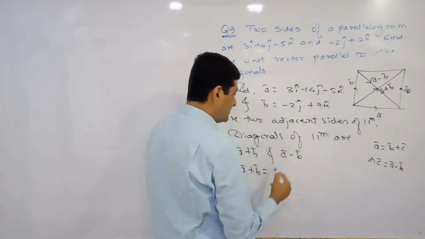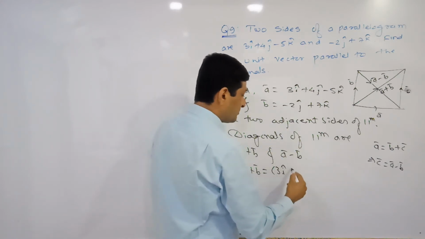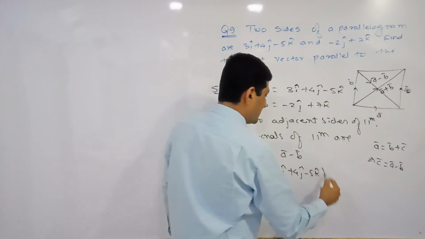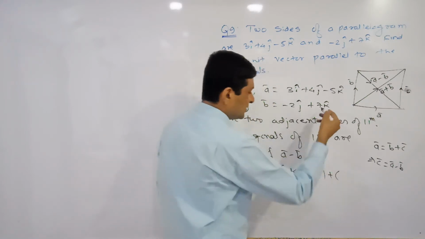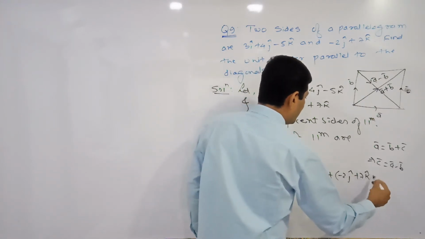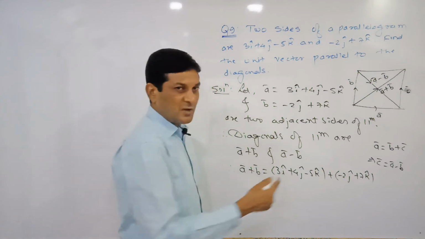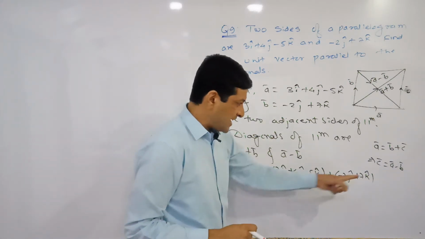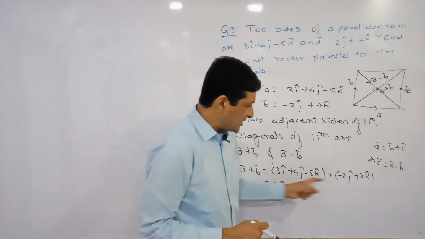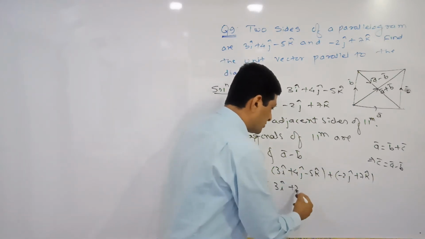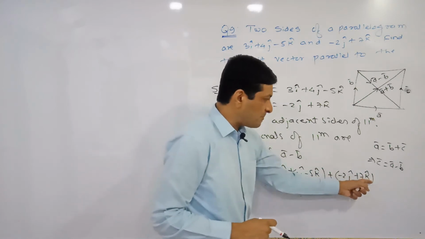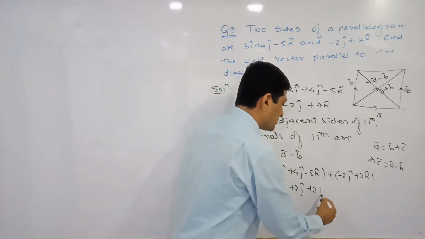A bar here is 3i cap plus 4j cap minus 5k cap, plus B bar, which is equal to minus 2j cap plus 7k cap. Now collect the terms of i cap. Only one term of i cap appears, that is 3i cap. Now collect the terms of j cap: 4j minus 2j is equal to 2j cap. Lastly collect the terms of k cap: minus 5k cap plus 7k cap is plus 2k cap.